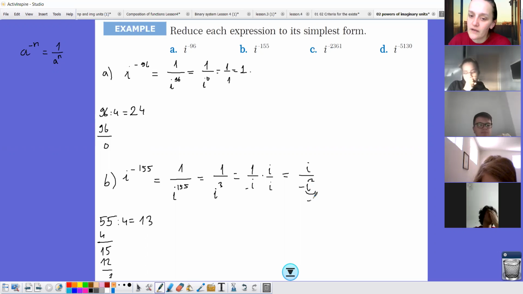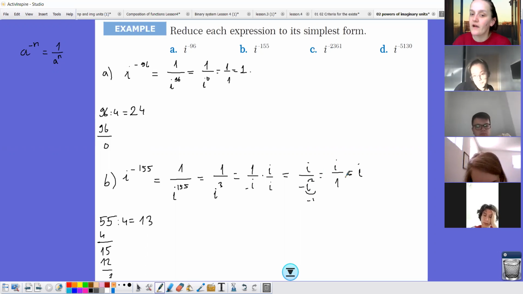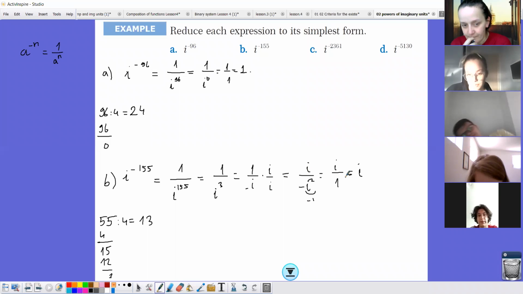What is I squared? Minus 1. So it will be I over minus times minus plus 1, so the result will be I. Okay?